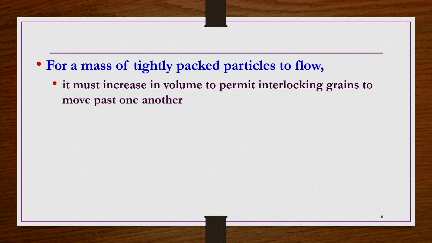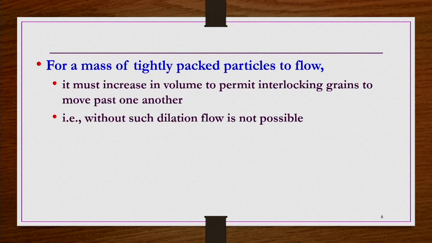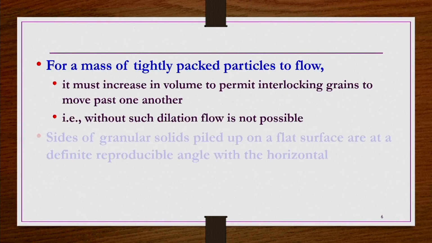When you are tightly packing, there will be a stronger interlocking between the particles, and then they may not flow comfortably. Right. So, what you have to do is increase the volume of that material so that the interlocking can be relaxed, and the particles may slightly move over one another and then flow comfortably. That is the dilation you have to generate. Without such dilation, flow is not possible. That is what it means.